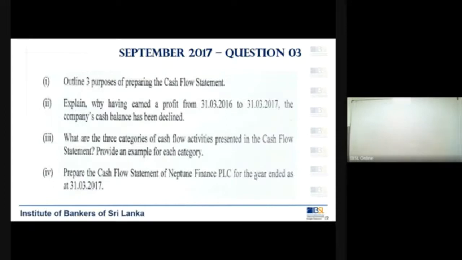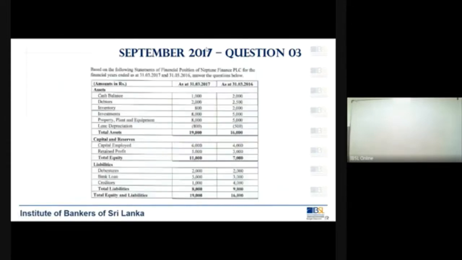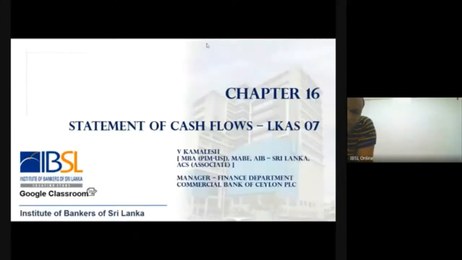So you can take down, if you have to identify the different sources from which the business has received cash inflows and outflows.